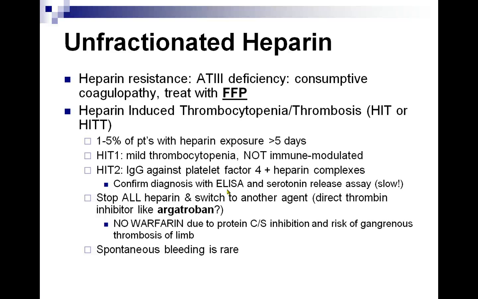Remember, you can't start them on warfarin because of the protein C, protein S inhibition. We don't want them to develop a clot. Usually people who develop HIT don't have spontaneous bleeding, but they may be at increased bleeding during a procedure, and their platelet count will definitely drop if you're checking their platelet counts.